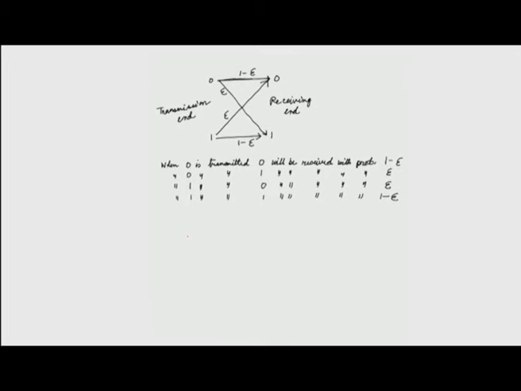Suppose we have two equally likely messages M1 and M2 that will be transmitted over the channel using the representations 0 0 0 and 1 1 1 respectively.